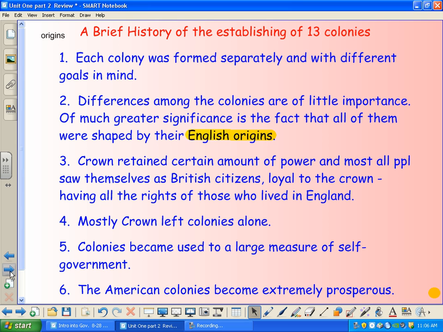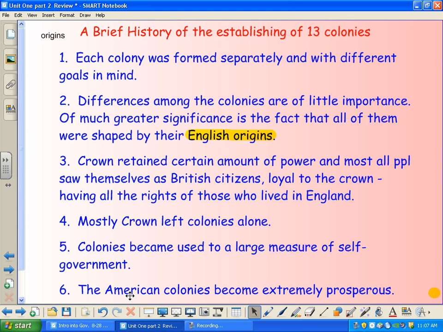Now, at first, the Crown mostly left the colonies alone to shape ourselves, which leads us right to number 5. Colonies became used to a large measure of self-government, which meant we did most of the work. We did not count on the Crown to send us directives on how we were supposed to do things. We pretty much took care of it ourselves.